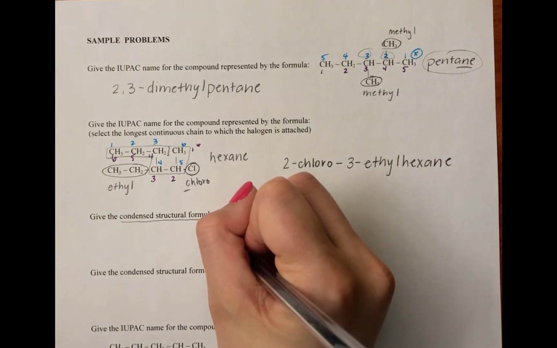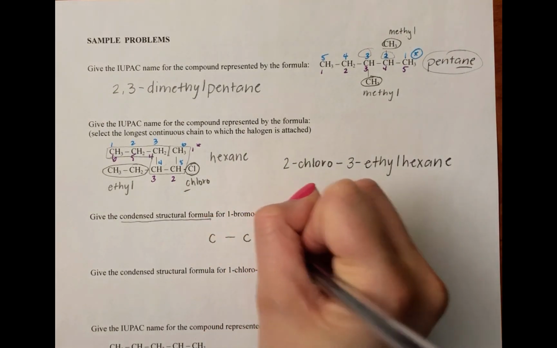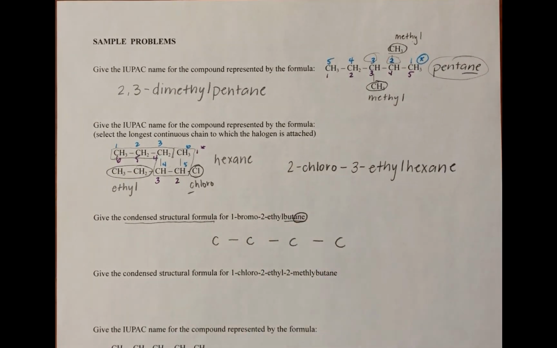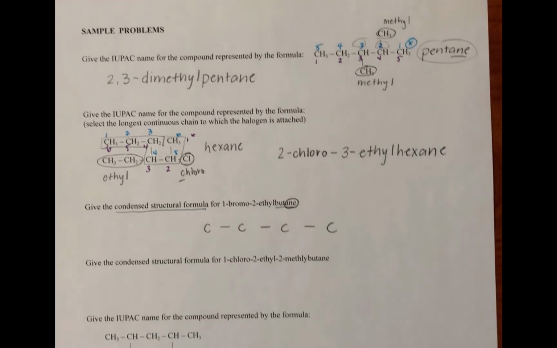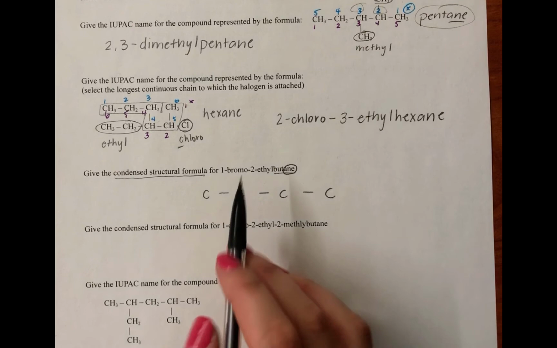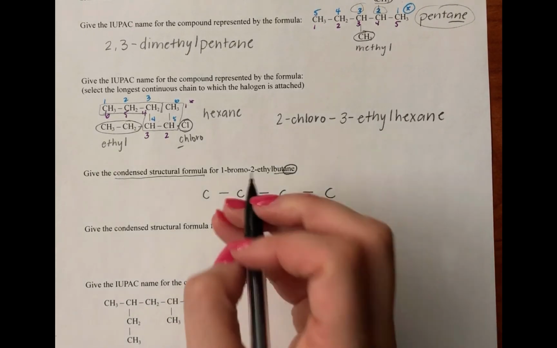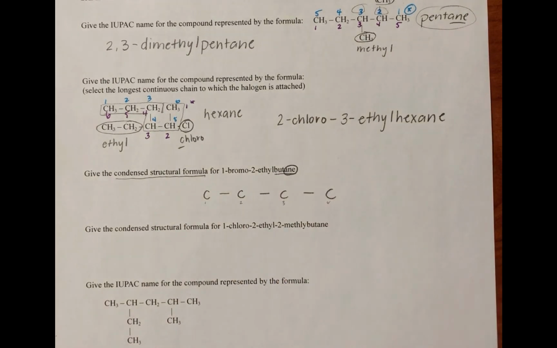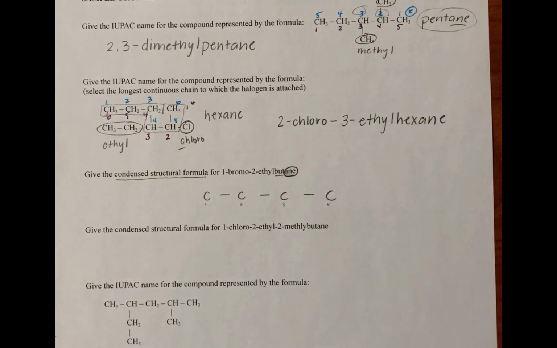So I'm gonna start with carbon, single bonded. There are 4 of them. Now I'm leaving some space here because I might have to add hydrogens. So 1-bromo, 2-ethyl. So I'm just going to number my carbons 1, 2, 3, 4. I'm gonna number them left to right. If you're drawing a structure, you can number them how you want.